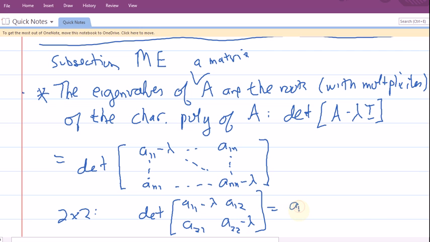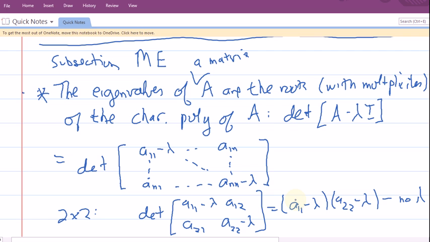So it's going to be A11 minus lambda times A22 minus lambda, minus another term which has no lambdas. So this term has no lambdas in it, so all the lambdas come from this term.